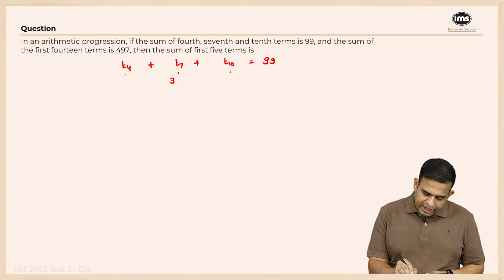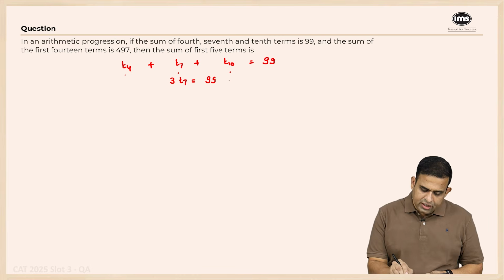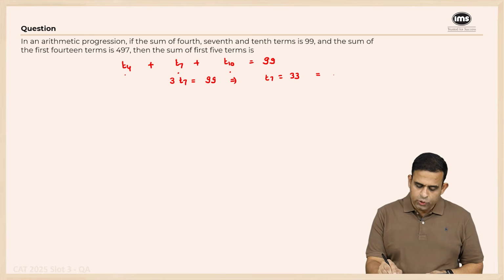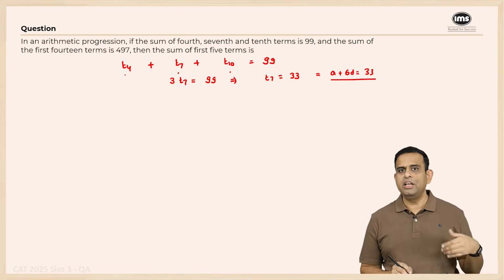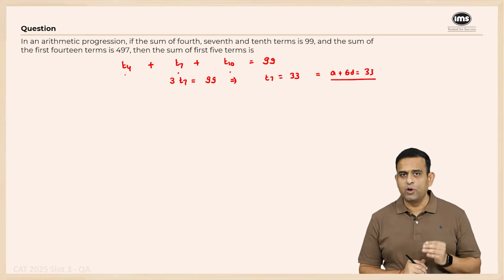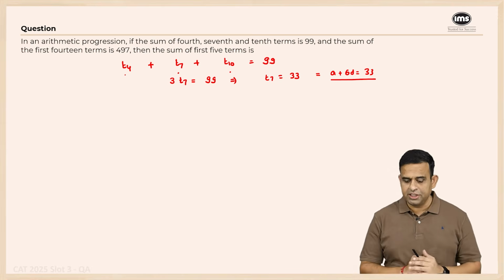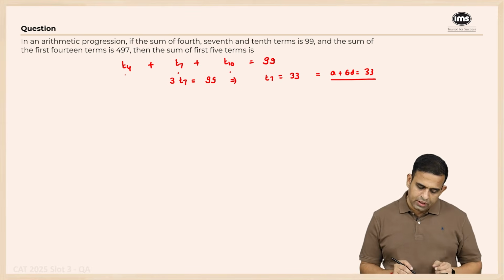So I can say 3 times T7 equals 99, and that simply means your 7th term is 33. So you get A plus 6D equals 33, where A is the first term of the original AP and D was my normal common difference. So we got one equation, A plus 6D giving you 33.